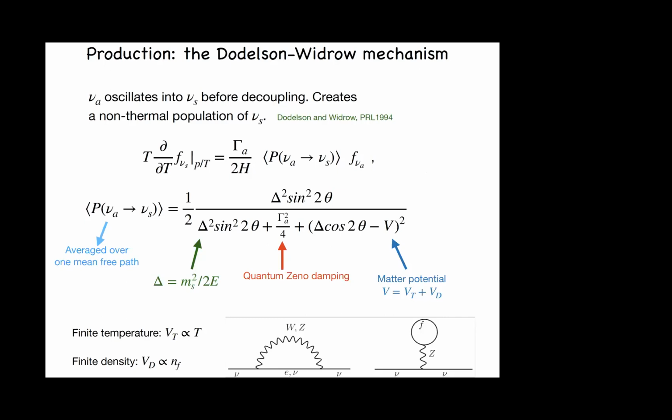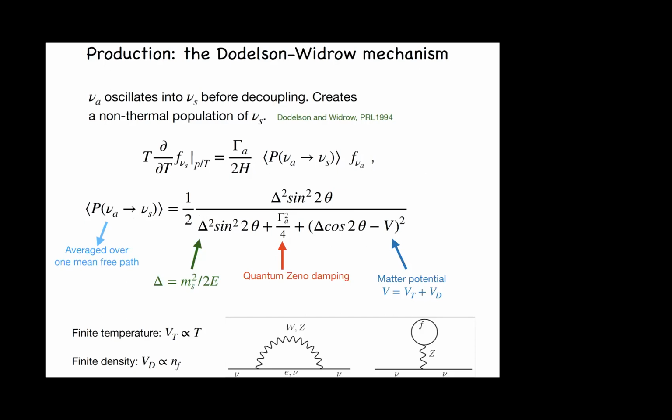Because this measurement happens so fast, it kind of freezes the nu E component of the mixture and does not let the flavor evolve. So there is no flavor conversion to start with, because the interactions are so fast. And in this limit, everything goes to zero. So you cannot go to very high regimes of interactions. There has to be a sweet spot where you would start converting these active neutrinos to sterile neutrinos.